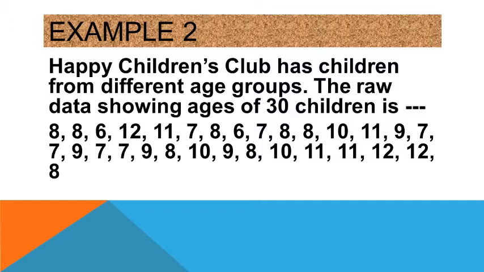But if I ask you which member has the maximum age or which member has the minimum age, then again what will you do? You will look at the data and tell that the minimum number is the minimum age and the maximum number is the maximum age. Hence, again it is a tedious job of looking at the whole data and then answering the question.